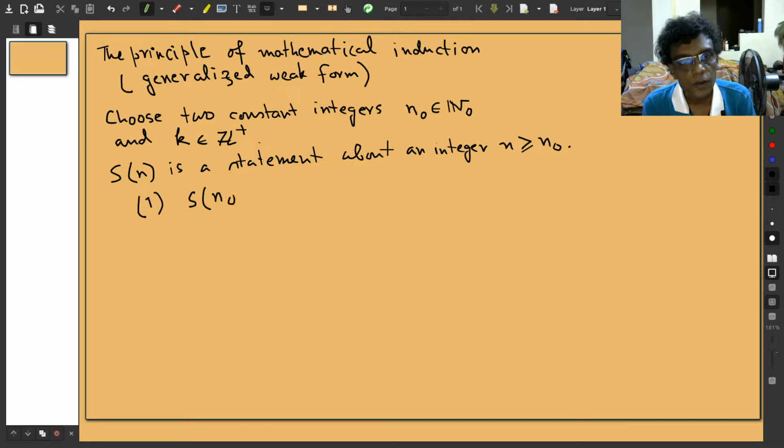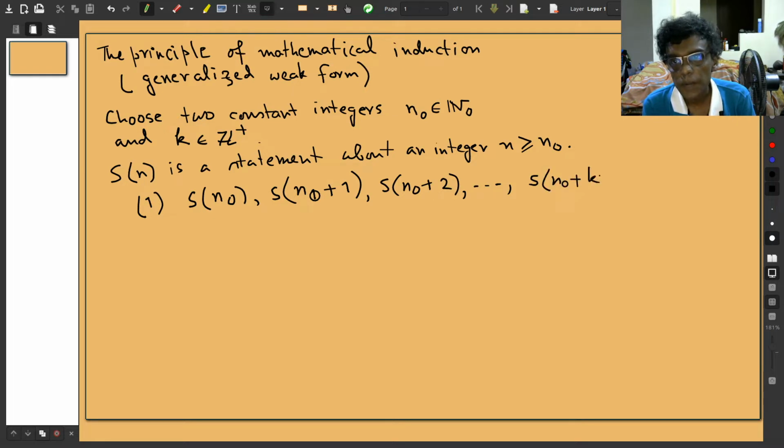First, Sn0 is given to be true, but this is not the only thing. Sn0 plus 1 is also given to be true. Sn0 plus 2 is also given to be true, and so on until Sn0 plus k minus 1 are true.